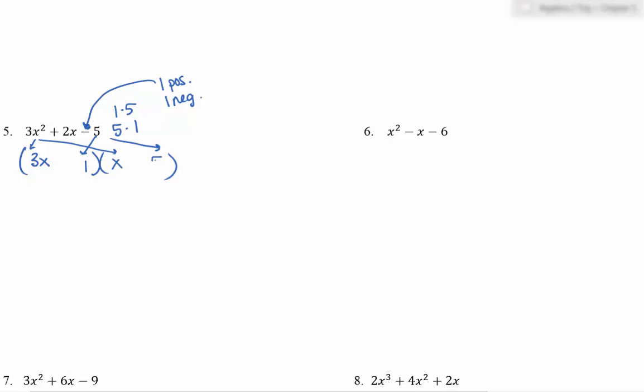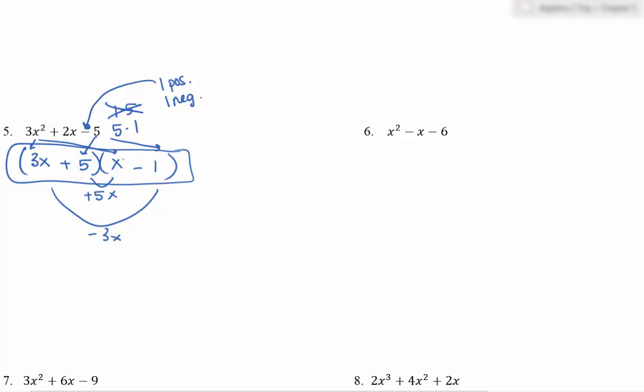So if I choose 1 and 5, I've got 1x and 15x. Can those add to 2? No, you're right. That is not a good option. So let's choose my other option of 5 and 1. Then I have a 5x and a 3x. And I'm wondering, can I combine those to be a 2? Absolutely. If I have a positive 5 and a negative 3, yep, I've got my answer here.